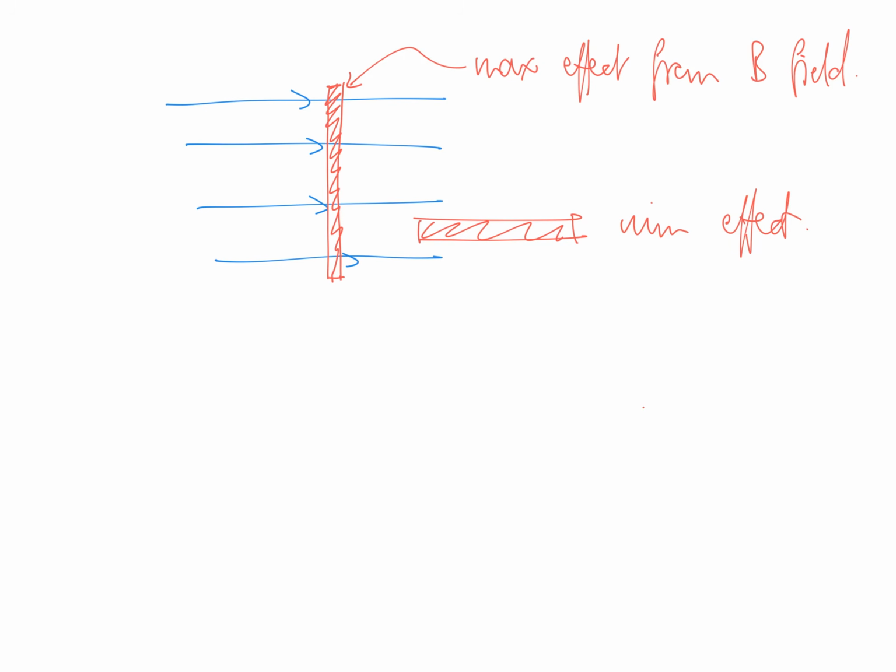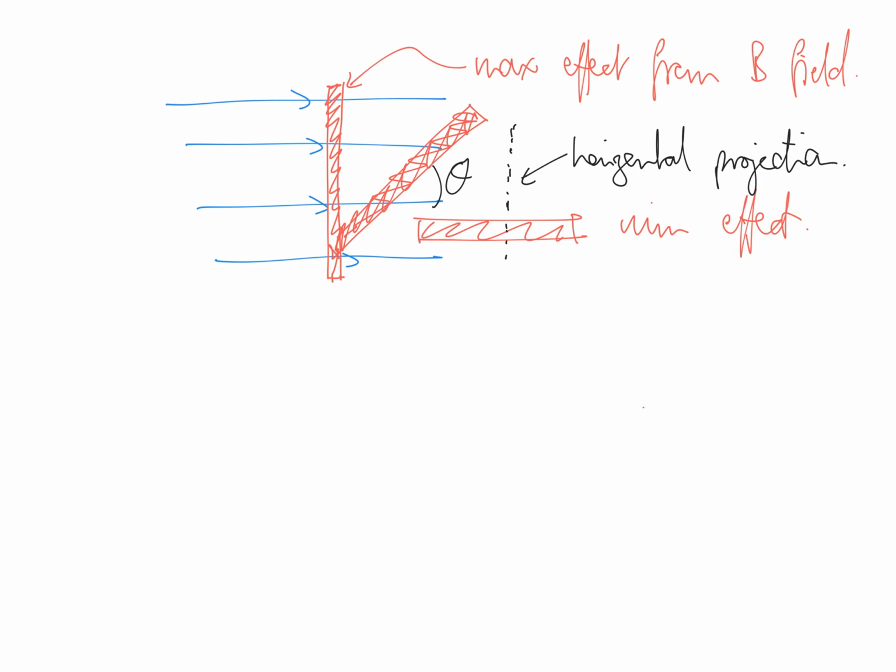So let's just take an example where we're somewhere in between, and we have our angle theta. Then what we could say is that this distance here is the horizontal projection. So therefore the opposite over this, that's the opposite, and this is the hypotenuse.